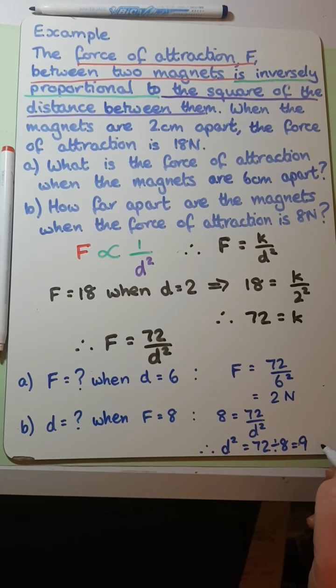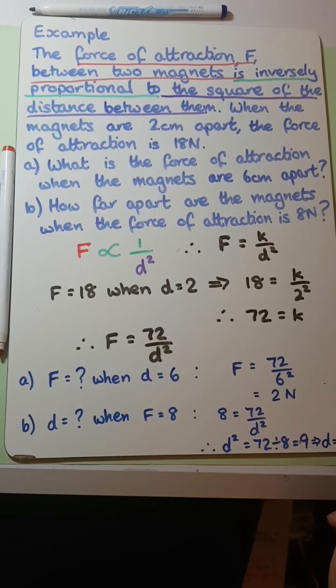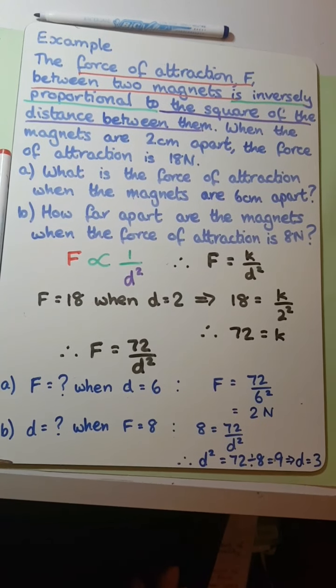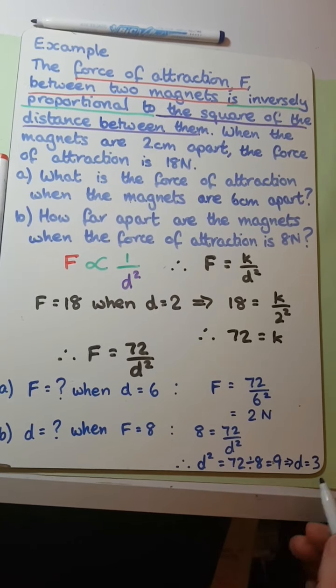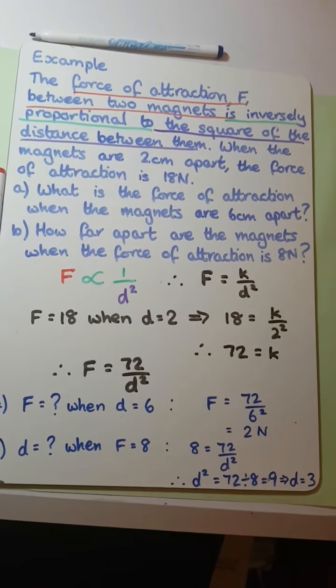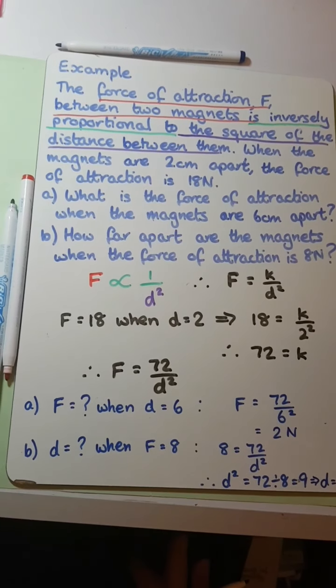So that's going to give me d equals 3. So they're going to be 3 centimetres apart. Apologies for the squash at the end. Okay, please remember that you should actually write it underneath and have one equal sign on each line.